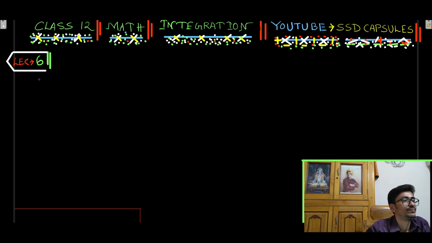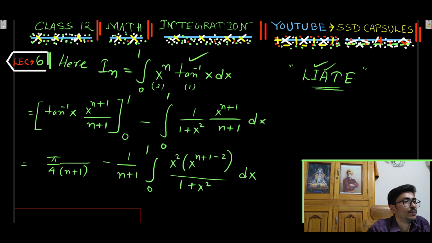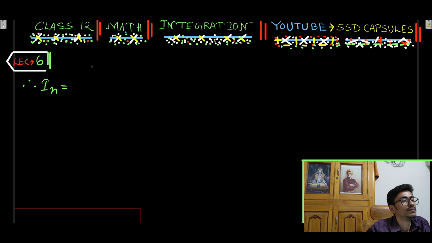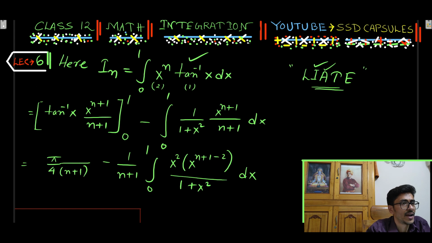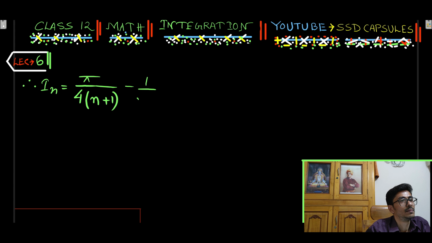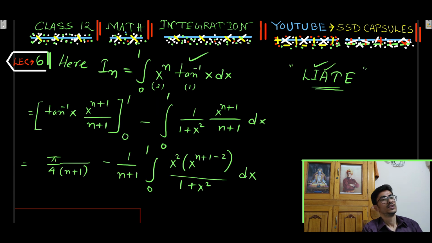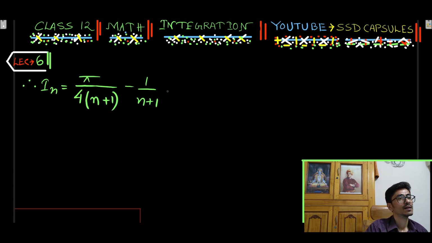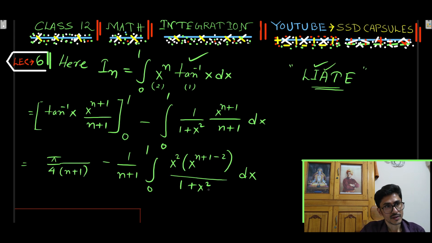Therefore I_n equals pi by 4 into n plus 1, previous page, minus 1 by n plus 1, integral from 0 to 1. Here in the denominator 1 plus x square is present.